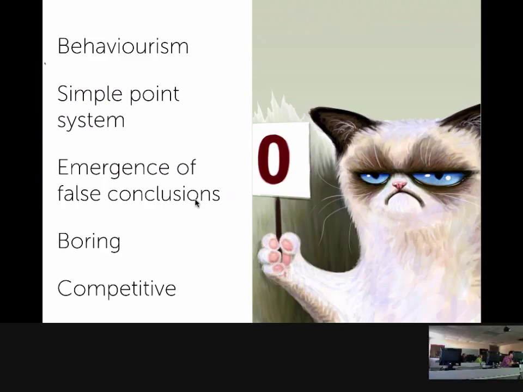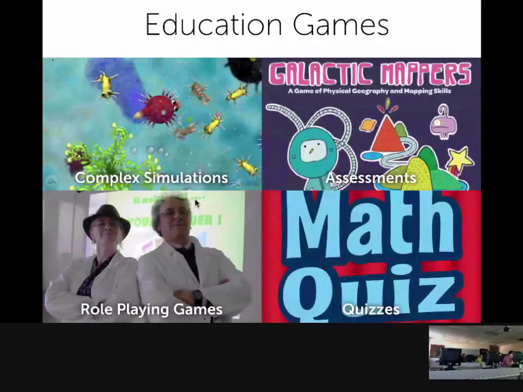Often they'll be really just simple point systems. So you'll get a point for doing something good or a point for doing something bad, but it's not really like a game. It's just sort of a game mechanic that's attached to an activity that already existed. You can end up with things like the emergence of false conclusions. So, if we go back one slide, we had this game Spore up the top left, and in this game you would start as a single-celled organism, and then you eat other creatures, and then you grow, and eventually you grow legs and all this kind of stuff.